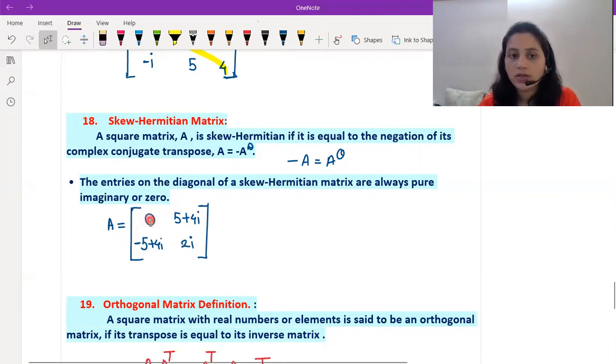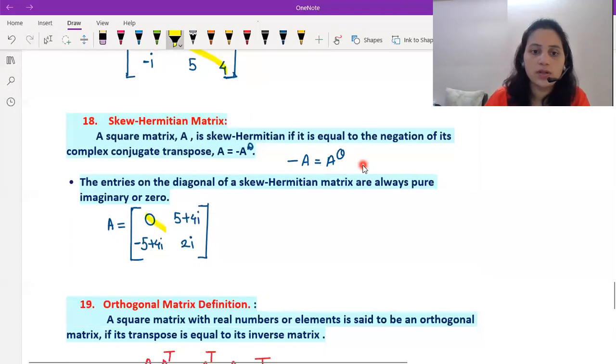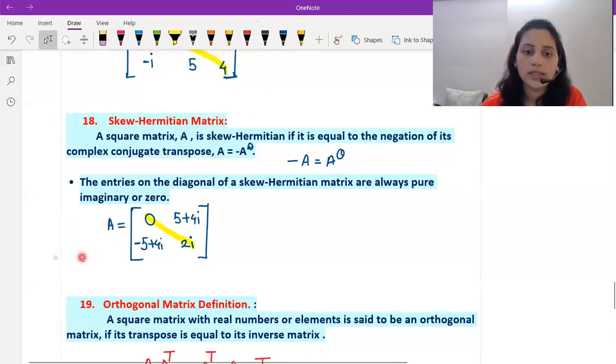The diagonal elements of a skew-Hermitian matrix are either 0 or a purely imaginary number. In this example, you can see the diagonal elements 0 and 2i. And what about the non-diagonal elements? They are the negative of the complex conjugate, or the negation of its complex conjugate. So for 5 plus 4i, the negation is minus 5 plus 4i.